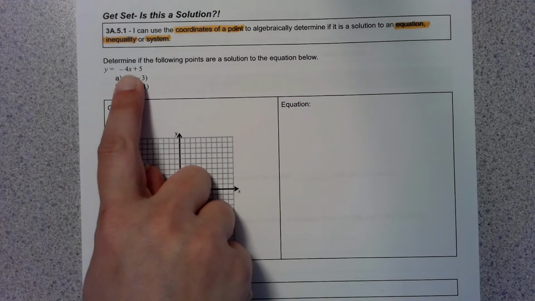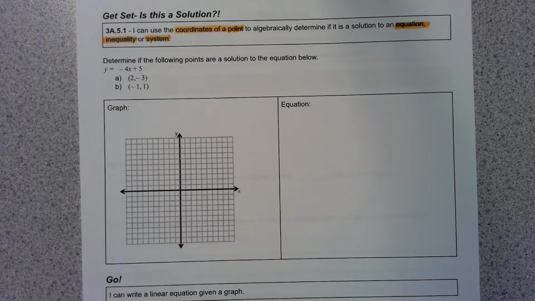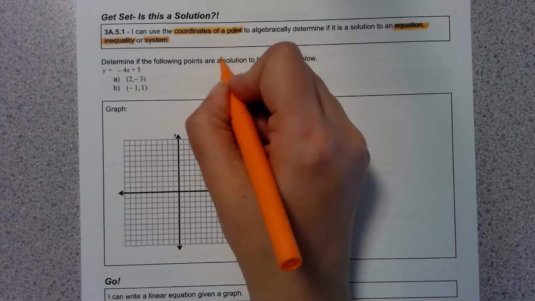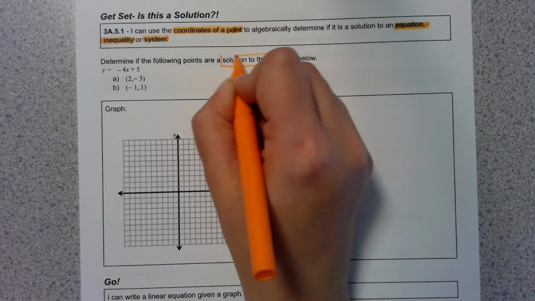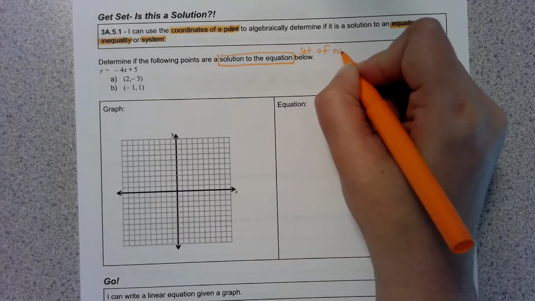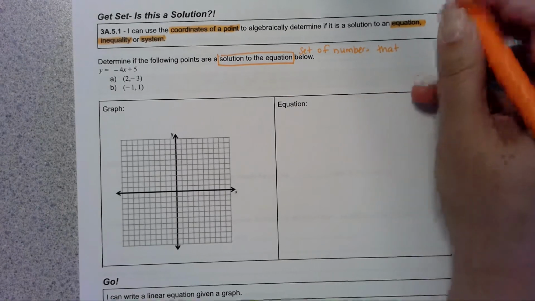Let's say I give you this equation, and I ask you, is the point 2, -3 a solution to the equation? Now, as a reminder, because I think this is an important vocabulary word, a solution to an equation is a set of numbers that makes the equation true.